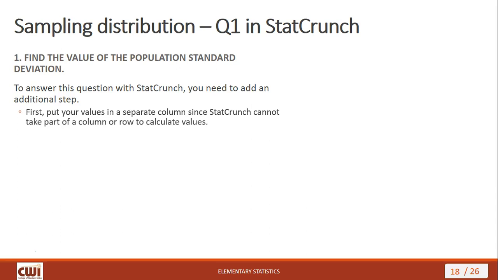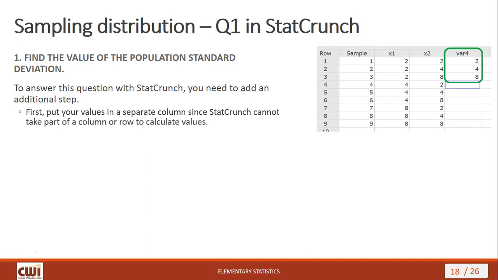The first thing we need to do is put our values into a separate column, since StatCrunch can't take part of a column or row to calculate values. So here we have the same data that we saw in Excel, but we actually have to take those values out and put them into a separate column, because unlike Excel, StatCrunch doesn't allow you to put actual values inside a formula.